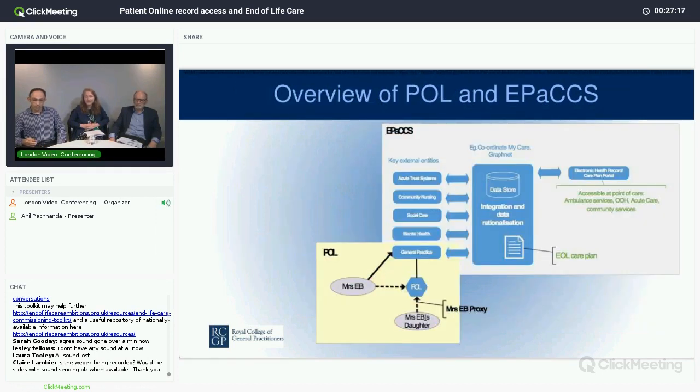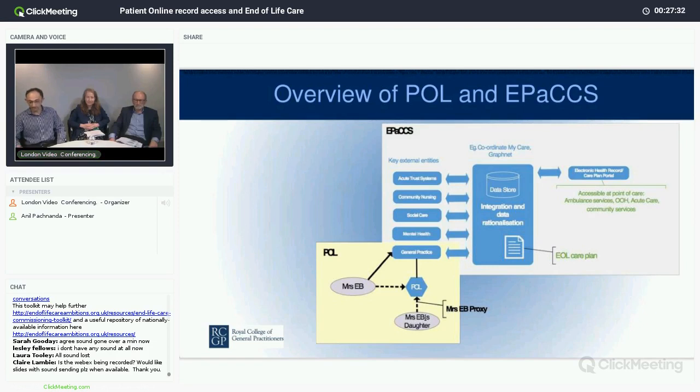This is just an overview of how, if there is an operational EPaCCS system, where patient online fits in. And as you can see towards the bottom of the page, both Mrs. EB and her proxy, her daughter, have access to patient online and all the data that's held by the general practice.